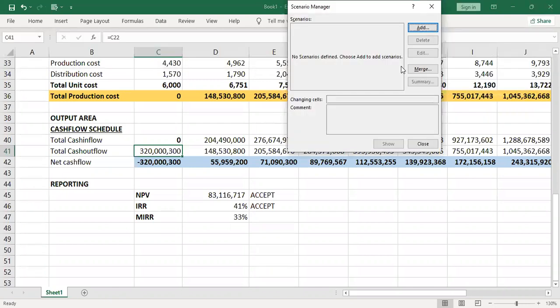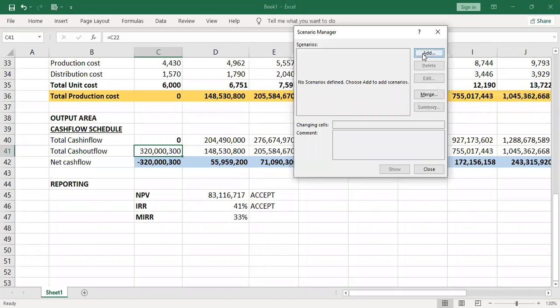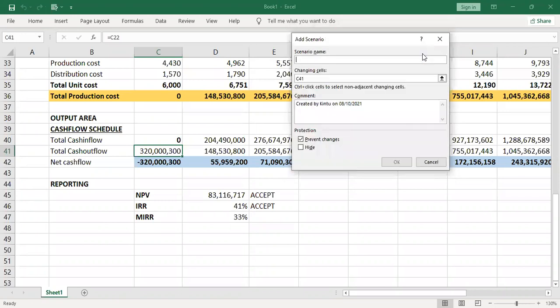Then you get the scenario manager dialog box. Then click on add.